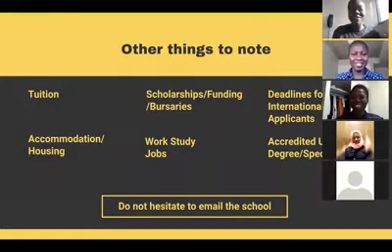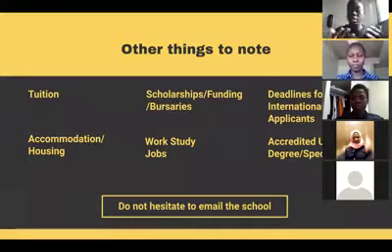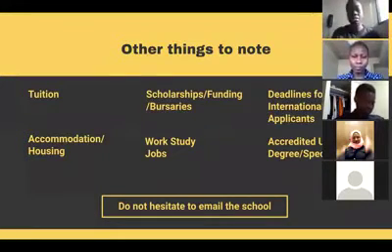Okay, so I was talking about scholarships. Every university has a scholarships page on their website. So all you need to do is, for the school that you want to apply to, go on their website and look for a scholarships or funding page and search. On there you have so many scholarships that are available.